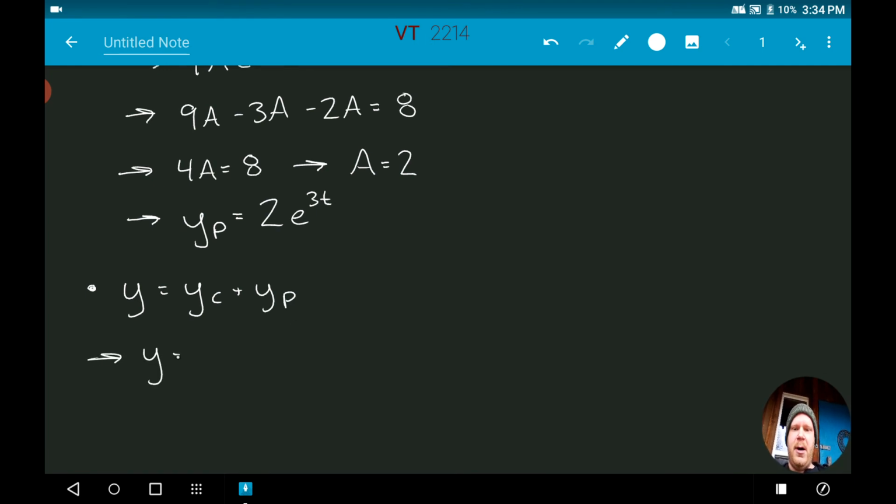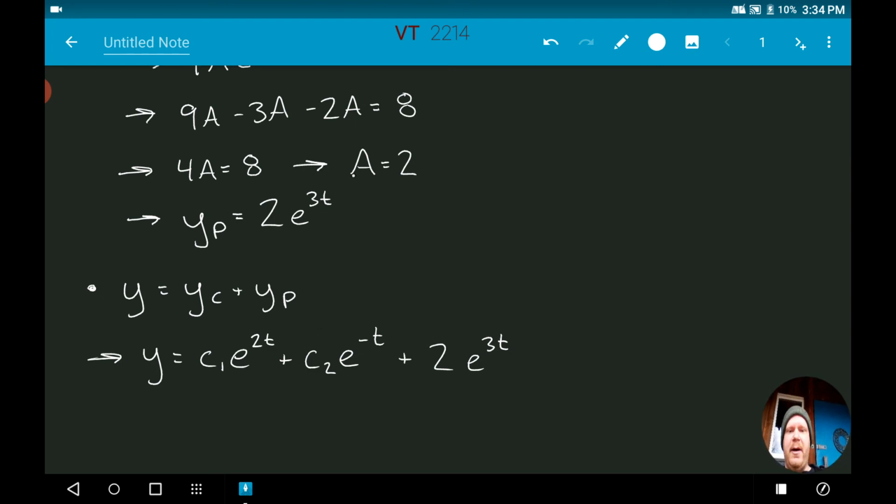So we get that y is equal to c1 e to the positive 2t plus c2 e to the negative t plus my particular solution 2 e to the 3t.